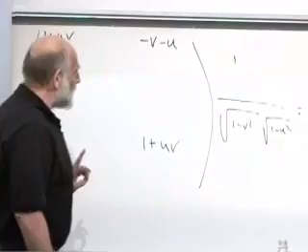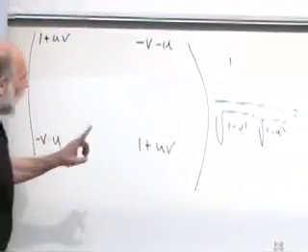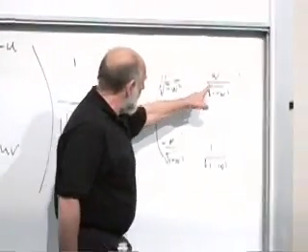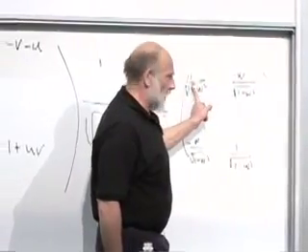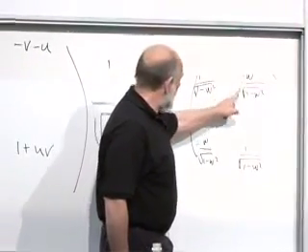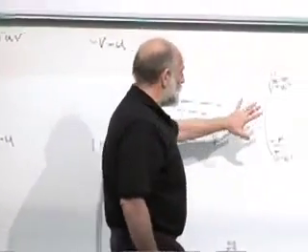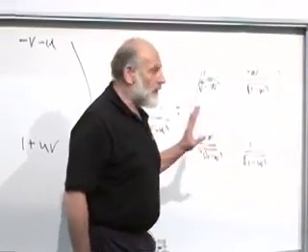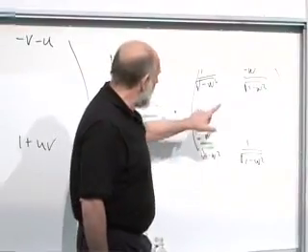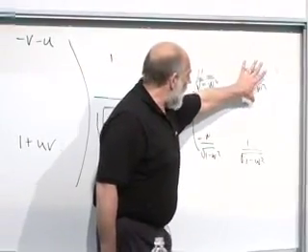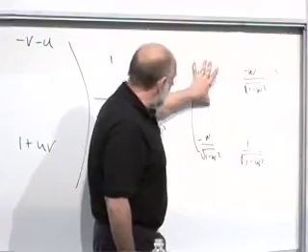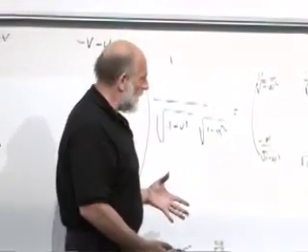The value of w is easy to pick off. You know what it is? It's just the ratio of this to this. If this truly has the form of a Lorentz transformation, then it's easy to pick off the value of w. It's just the ratio of the component over here to the component over here with a minus sign.